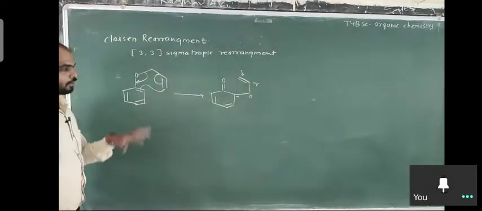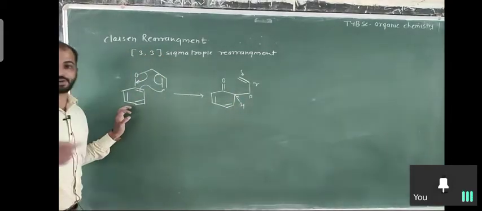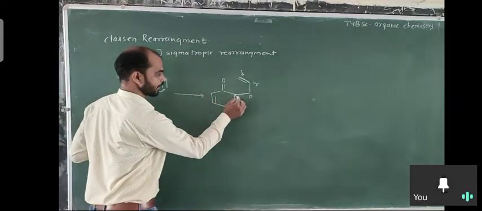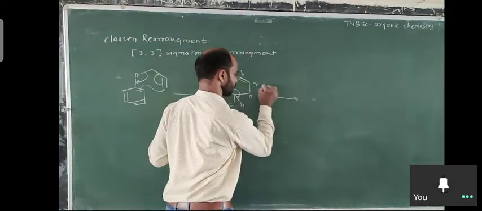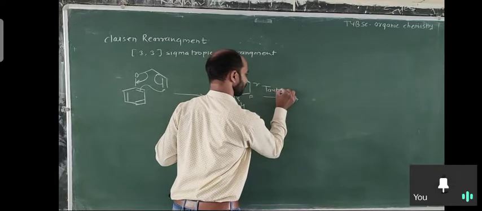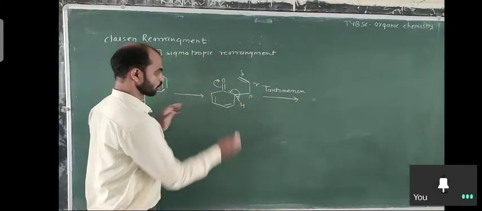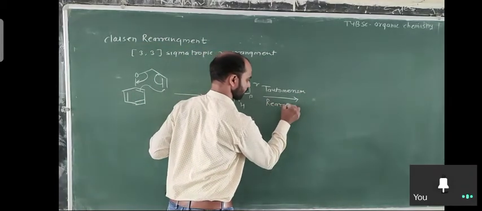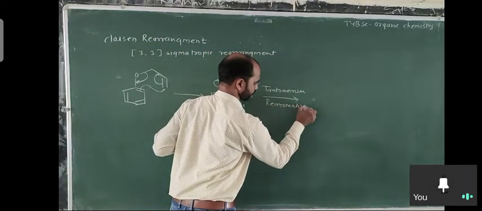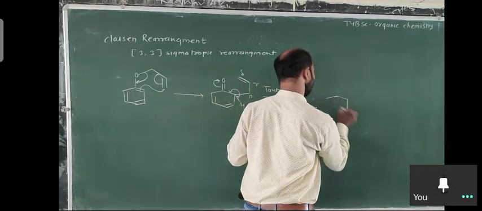After that, here is the hydrogen. In the case of an aromatic, this hydrogen shows tautomerism, so re-aromatization occurs, and a hydroxy group is formed.